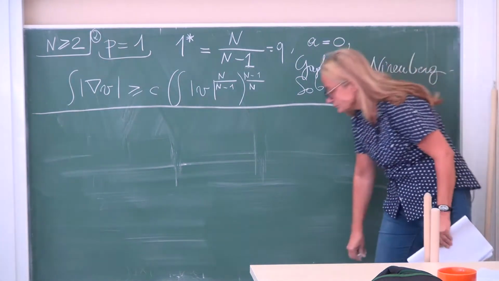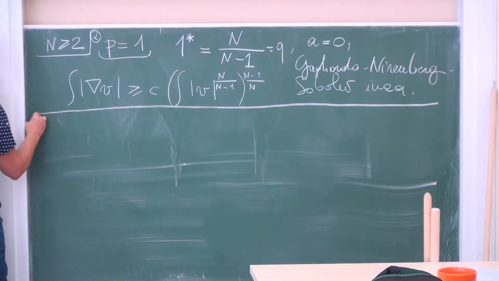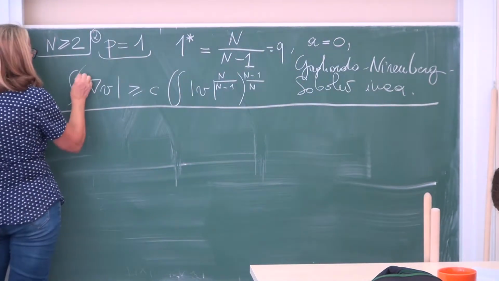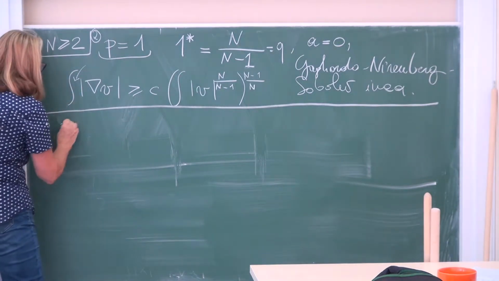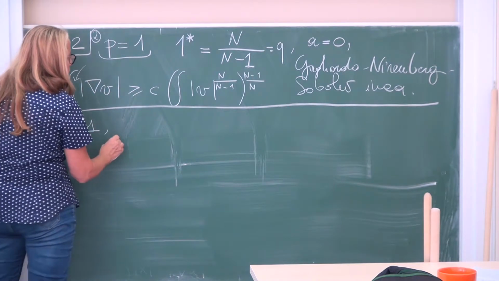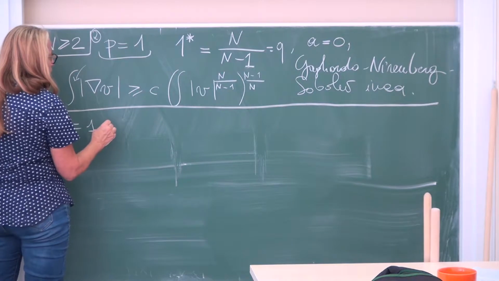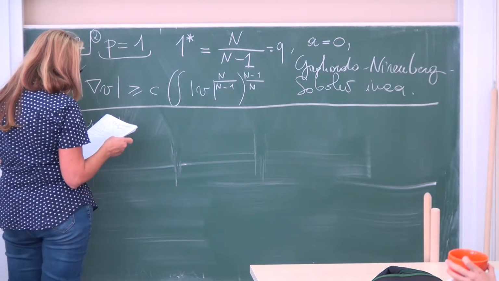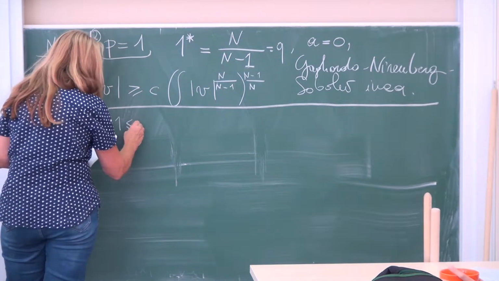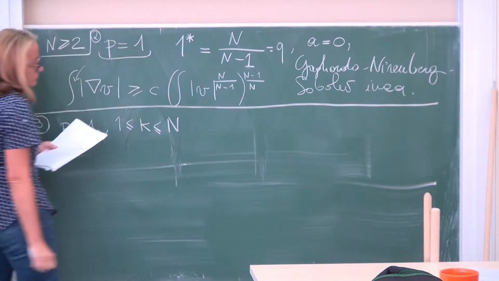Now, why did I write this with v? Because the third step is to put some coefficient here. So still p is equal to 1. And k is between 1 and n.